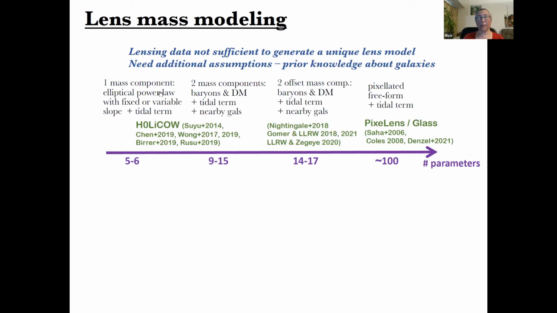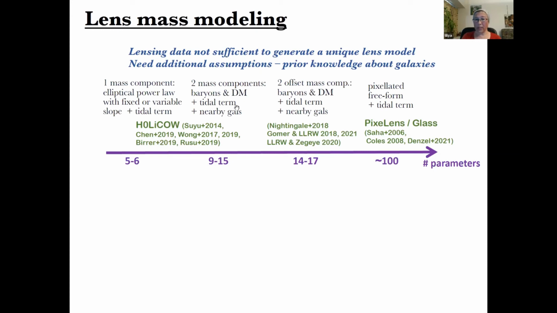For one mass component, you have something like an elliptical power law with a variable slope. And maybe you have a tidal term, which in lensing is called shear, which basically accounts for mass which is affecting the lensing, but the mass itself is located somewhere far away. You can include that, and that gives you a single-digit number of parameters.